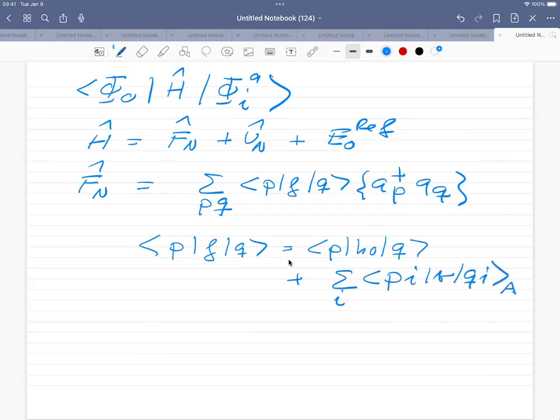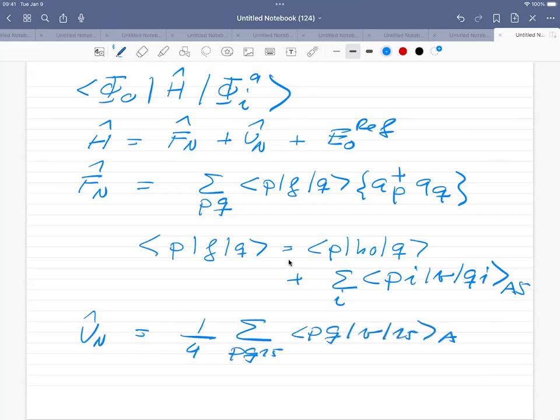These are antisymmetrized matrix elements. And V_N was just a two-body operator, with a matrix element <pq|V|rs>, antisymmetrized, multiplied with this normal-ordered chain of operators.